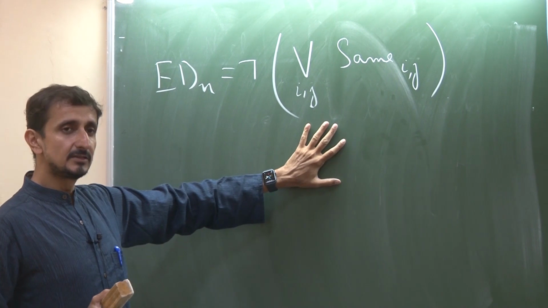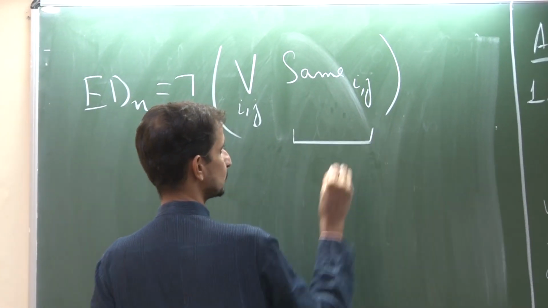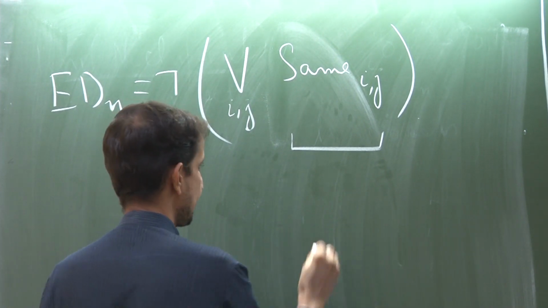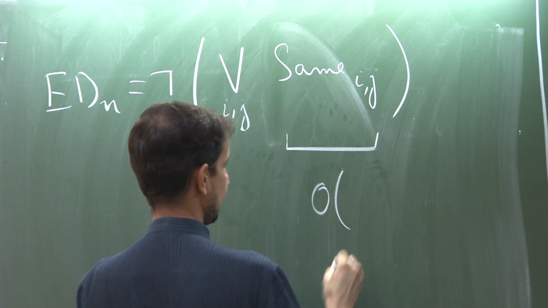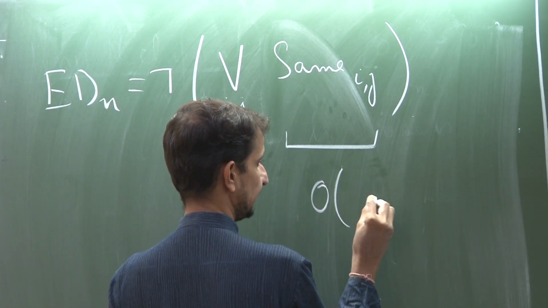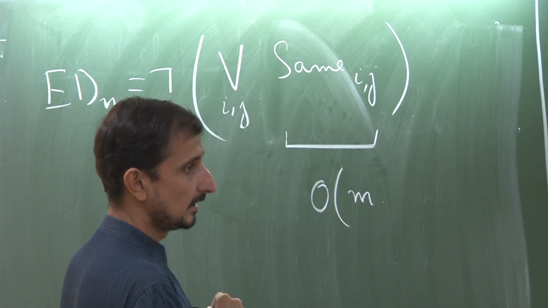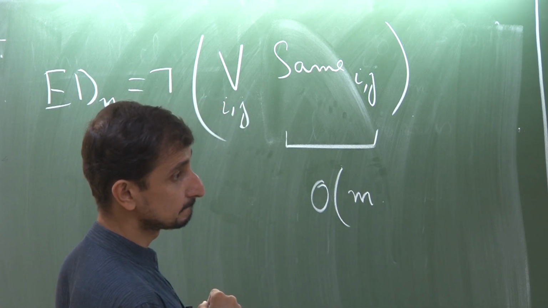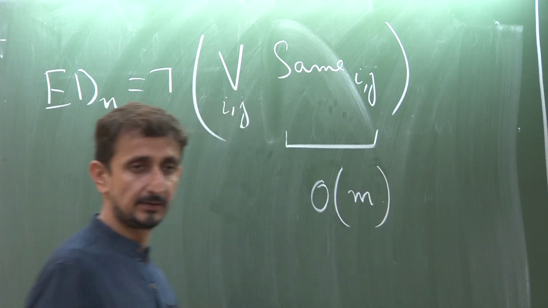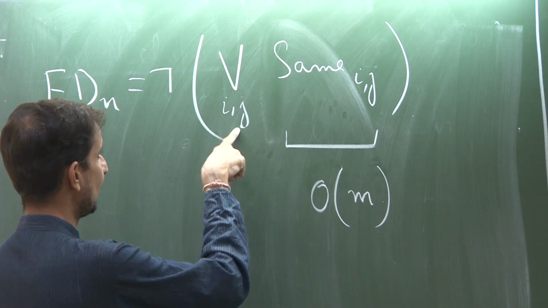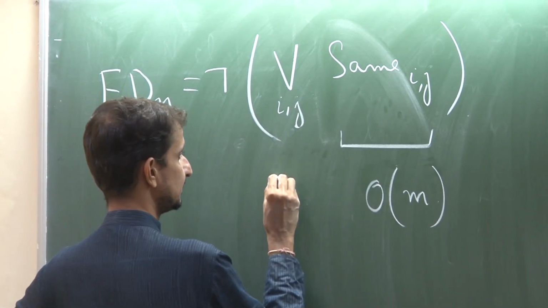Now, what is the size of this construction? What was the size of same i j? I have m many ORs over there, so it is m times that is constant size. So that was order m.